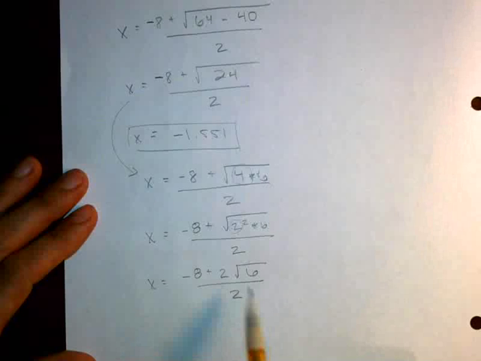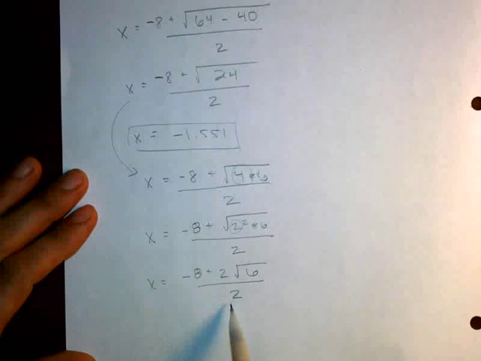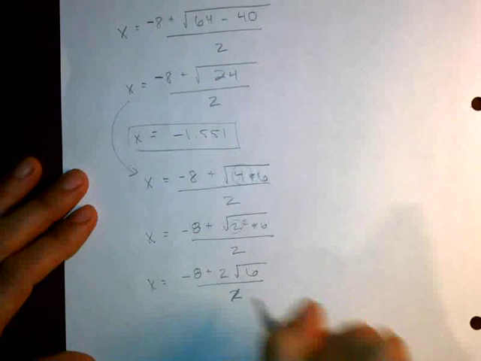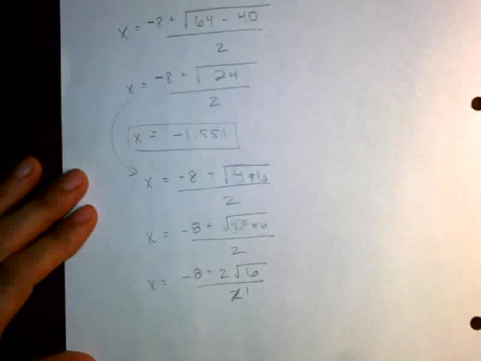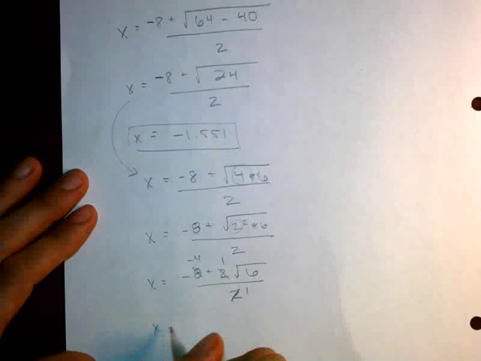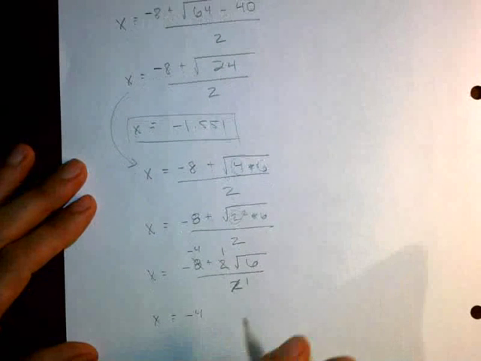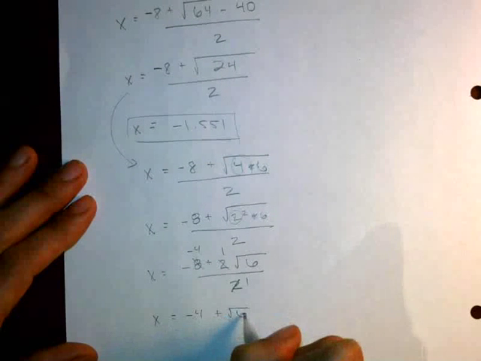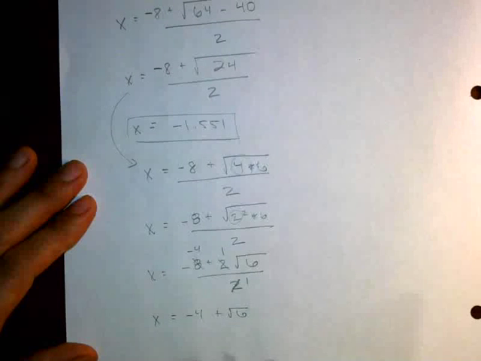And now I have a situation where I can cancel some things. So 2 divides evenly by 2. 8 divides evenly by 2. So if I'm going to take a 2 out of everything, I could call that a 1, call this a 1, and call that a negative 4. And I would end up with x is negative 4 plus the square root of 6.